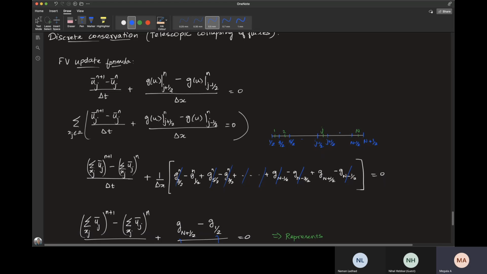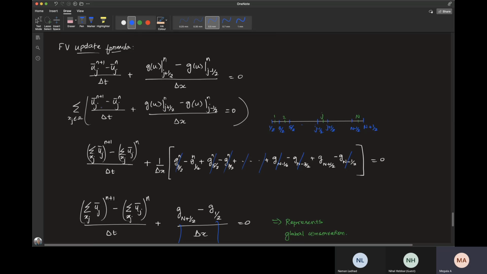1, 2 up to n are cell centers, whereas 1 by 2, 3 by 2 up to n plus half represent cell interfaces. So now we are summing. The first equation is written for just one cell, and now that is being summed for the whole physical domain. We are essentially summing these equations for each and every cell and writing it as just one equation.